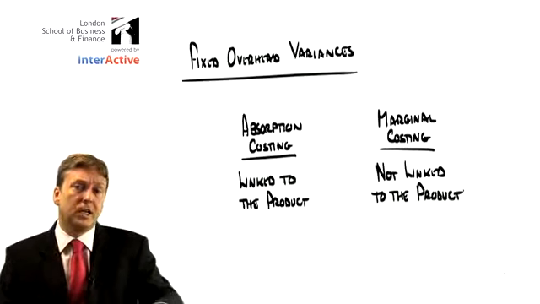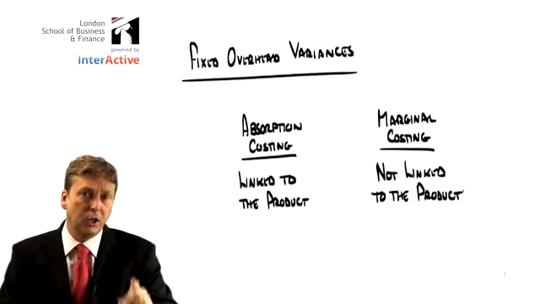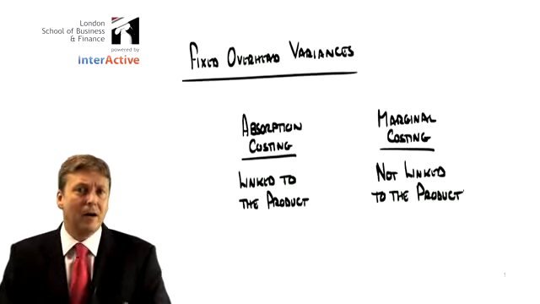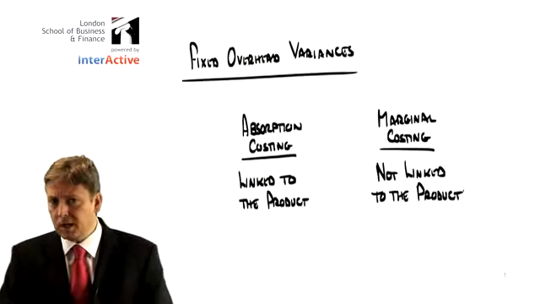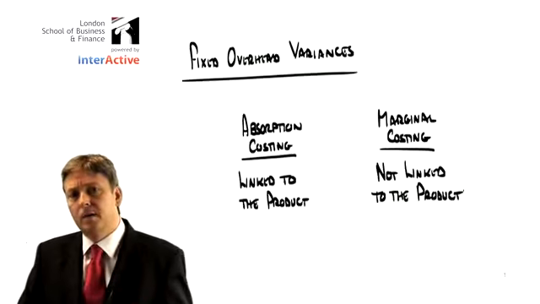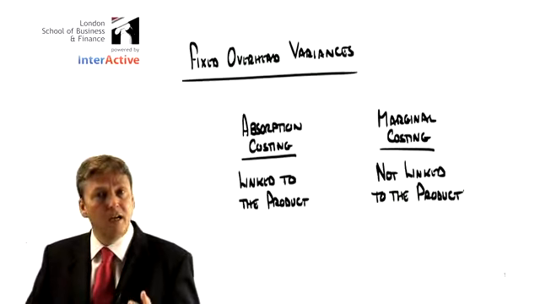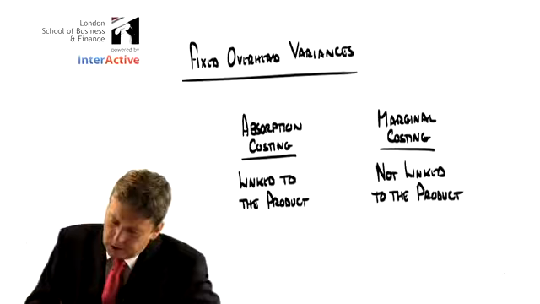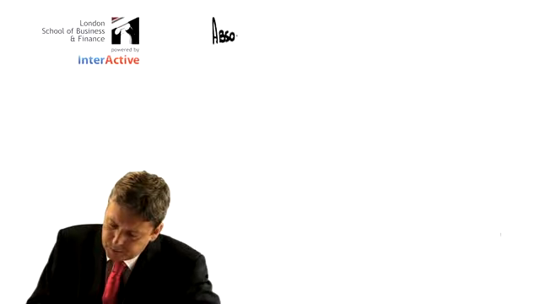What I'm going to do is to give you a pro forma. I'm going to tell you how you do it. I don't really care about the reasons why, because if we get into the reasons why, it becomes complicated rather quickly. So we're looking at absorption costing principles first of all.